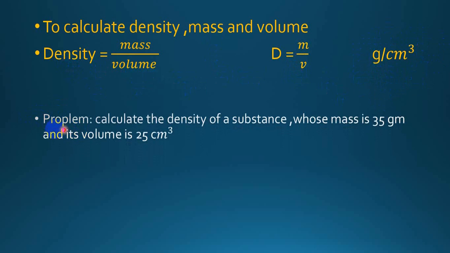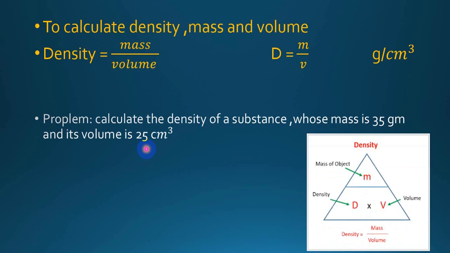Here we will have a problem and we will practice to calculate it together. In the problem, calculate the density of a substance whose mass is 35 grams and its volume is 25 centimeter cubed. Here I have the mass and the volume, so we can calculate the density. Here I can use the magic triangle. In the magic triangle, we can write the rule.